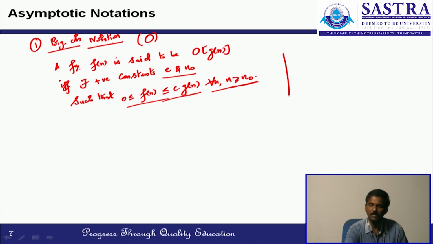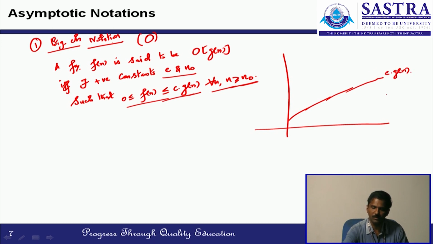Pictorially, consider this representation. This is c into g of n. This is f of n. Consider this intersection point, this is n0. Here input size n is taken on the x axis.